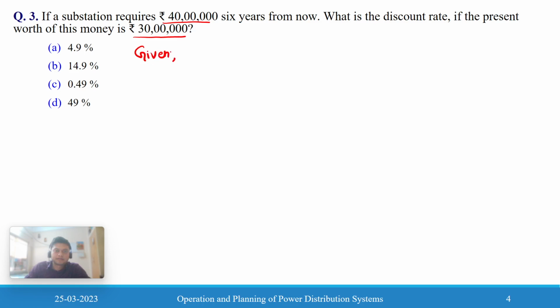We have been given the future worth, the future value of money, is rupees 40 lakh, and the number of years is given as 6.